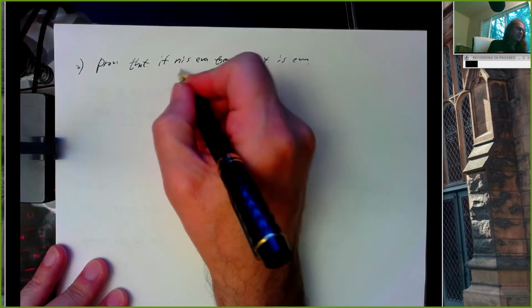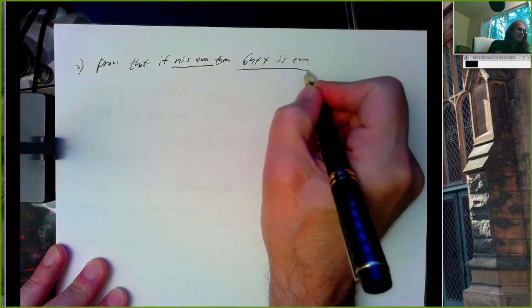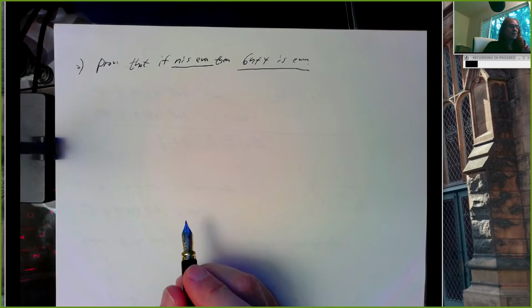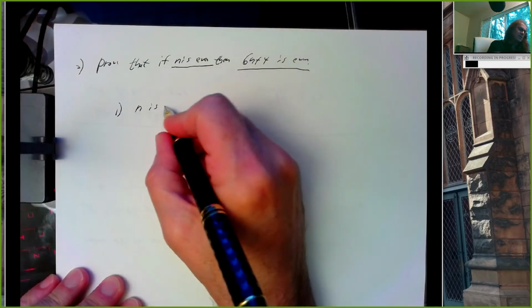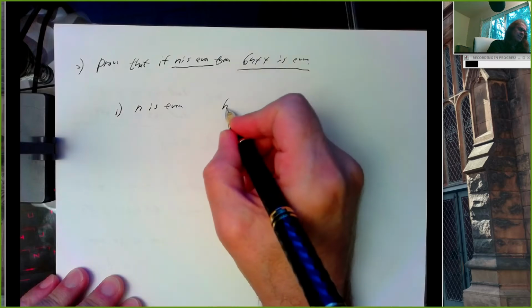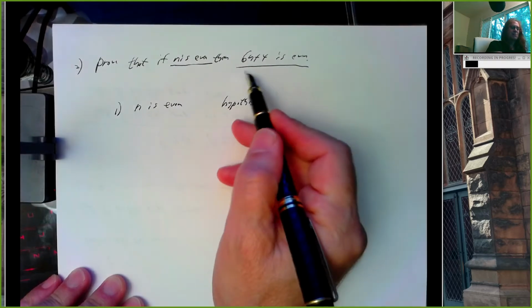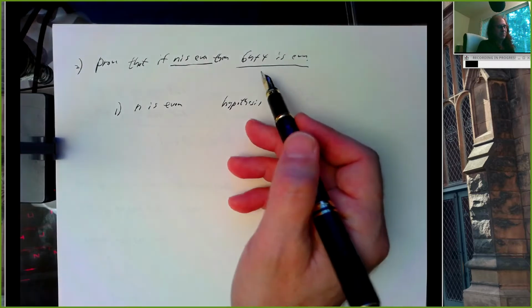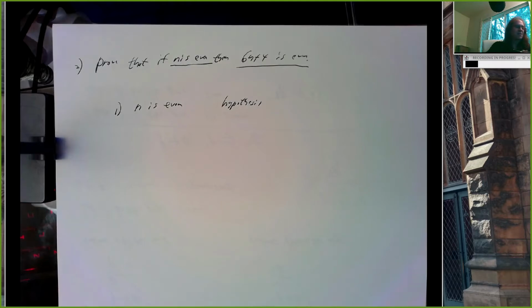So we're trying to prove if this thing, then that thing. We're allowed to assume the hypothesis. So we can start off and say n is even. That's a hypothesis. We're not allowed to assume this. As soon as we assume this, everything else depends on 6n plus 4 being even.